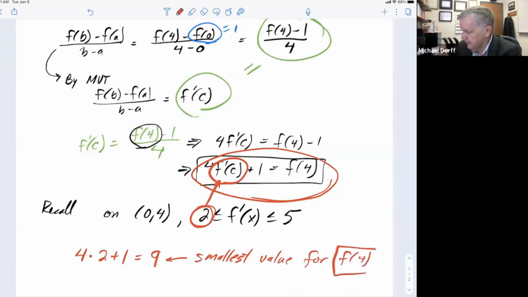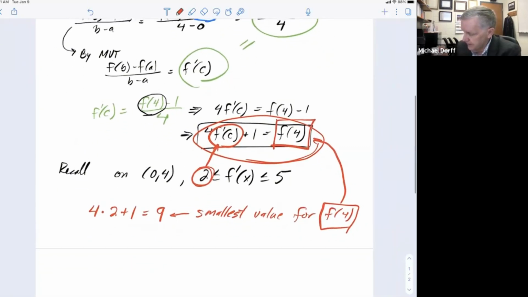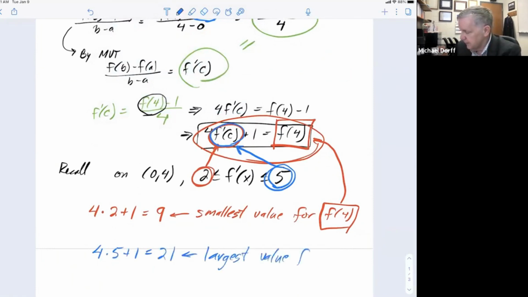Where does the f of 4 come from? It comes from this part right here. What's the largest it could be? If I put this value in there, I get 4 times 5 plus 1, which equals 21, and that's the largest value for f of 4. How do I know it's the largest?